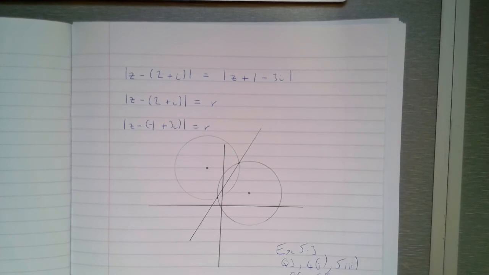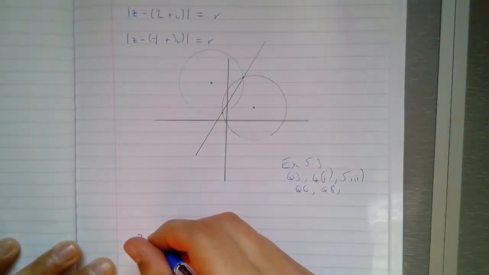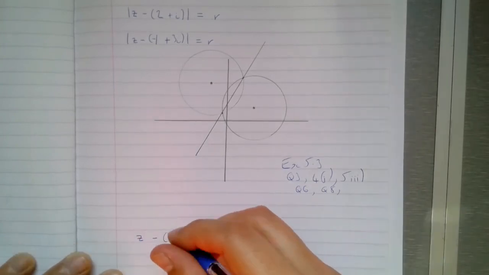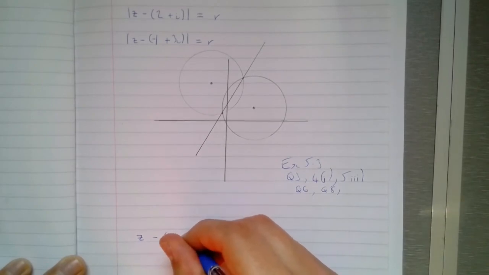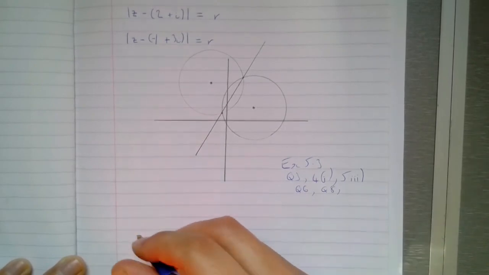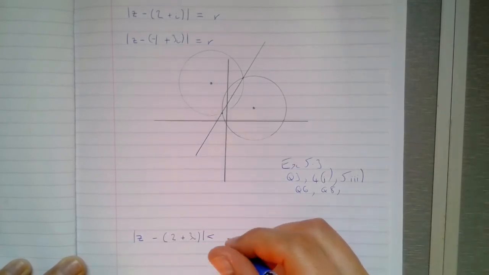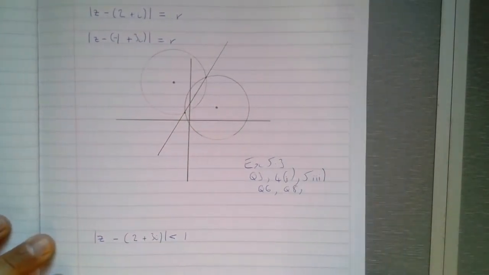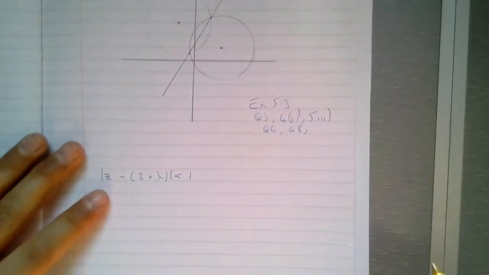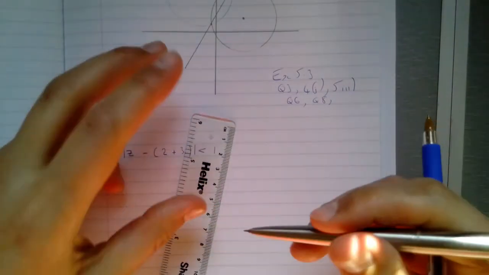So for instance, if you are asked to do, let's say, modulus of z take away 2 plus 3i is less than 1, then obviously I'd need to draw this as normal, as if it was an equal sign in the first instance.